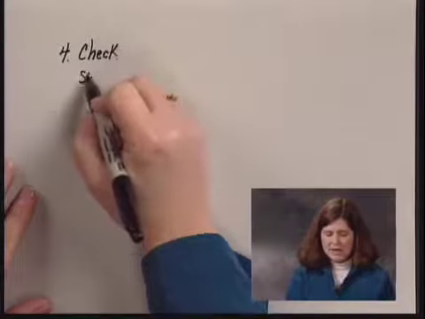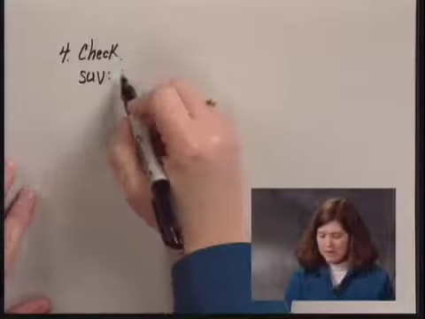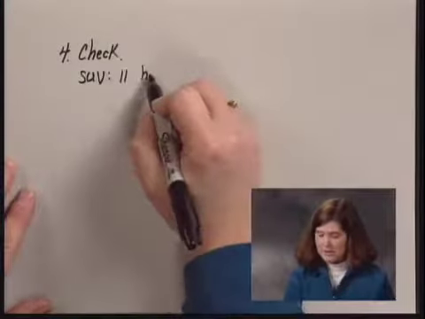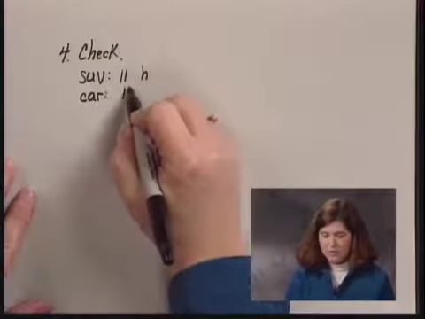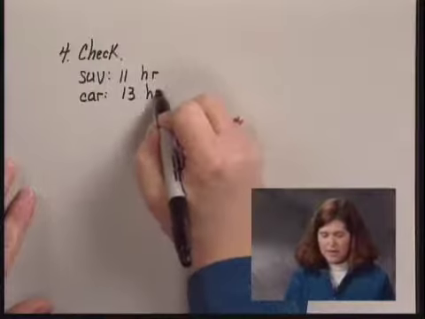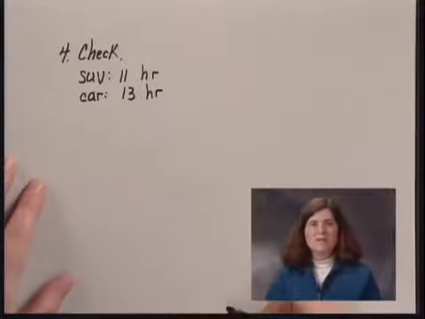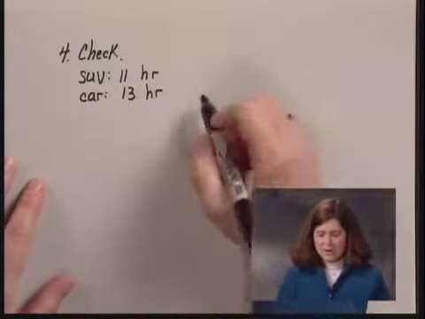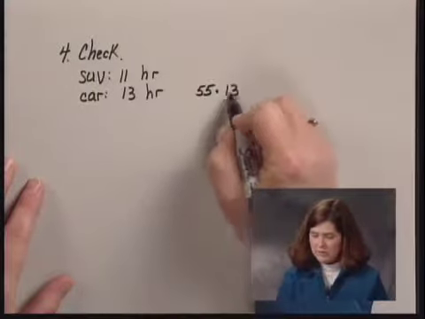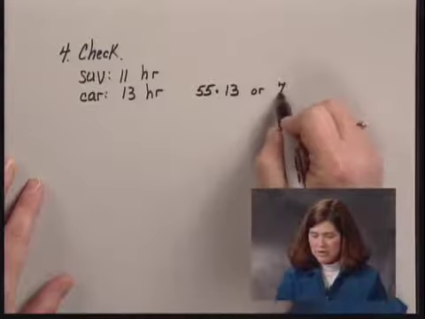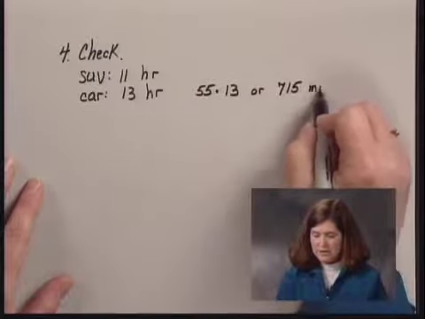We have that the SUV's time was 11 hours. That means the car would travel 13 hours. Well, let's check the distances. The car's distance would be 55 times 13, or 715 miles.